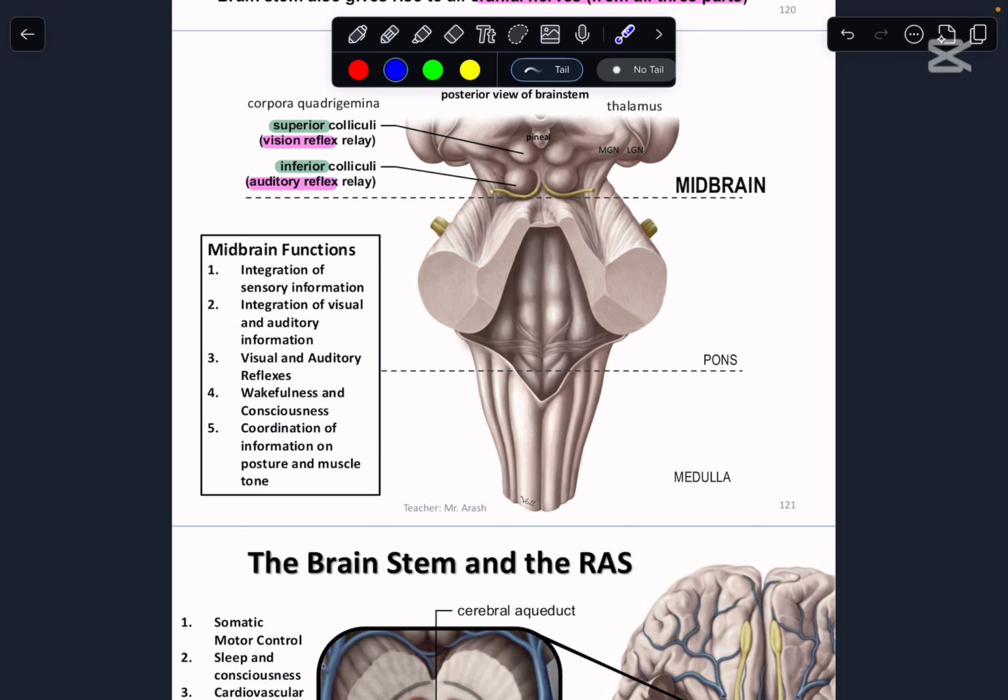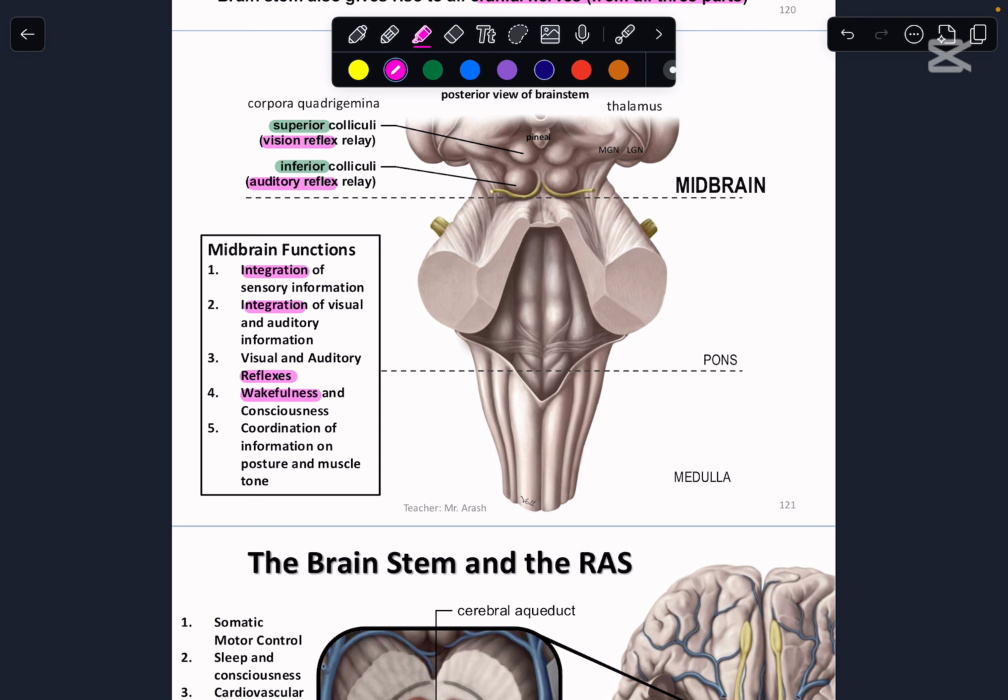You can see it has to do with integration of sensory information, integration of visual and auditory information, reflexes, wakefulness, consciousness, and coordination of information for posture and muscle tone. This whole integration thing becomes a big deal. We will talk about that later on.